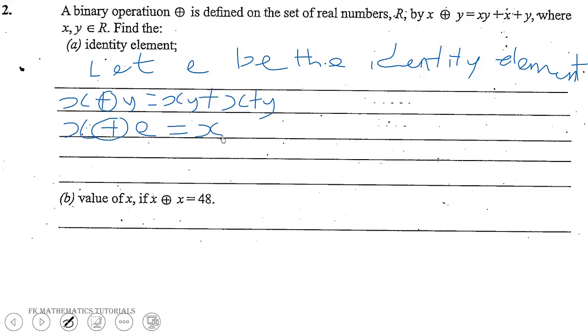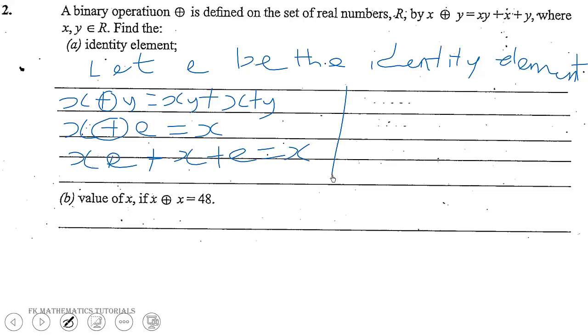So we substitute this into the equation. We see that E will take the place of y. So we get x times the identity element, plus x, plus the identity element, is supposed to be equal to x.